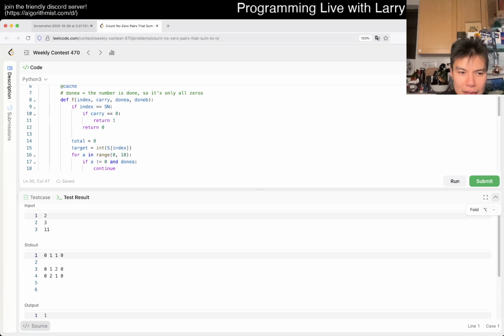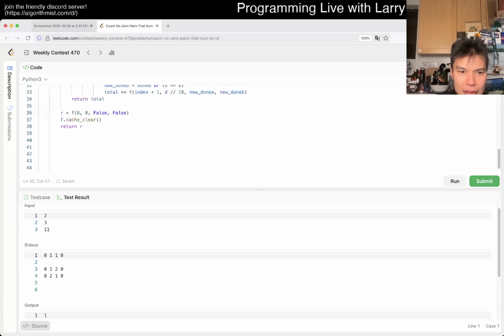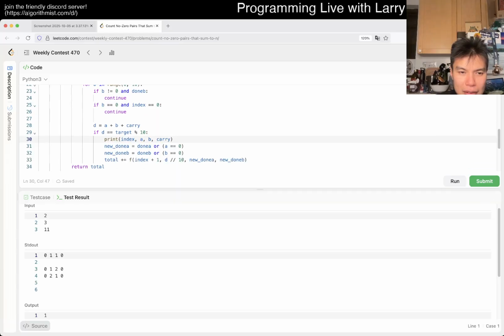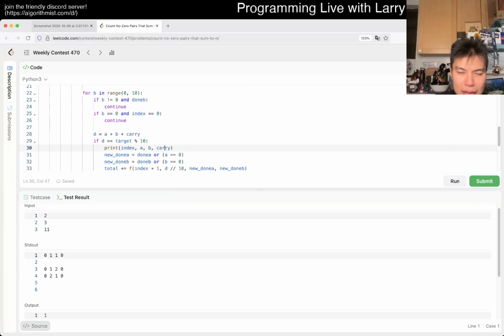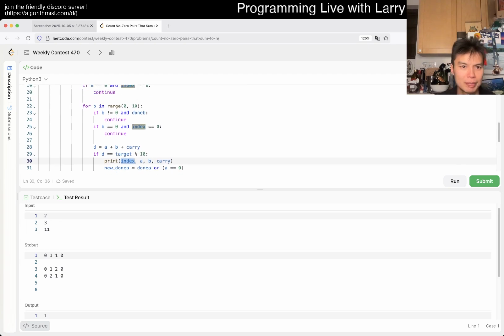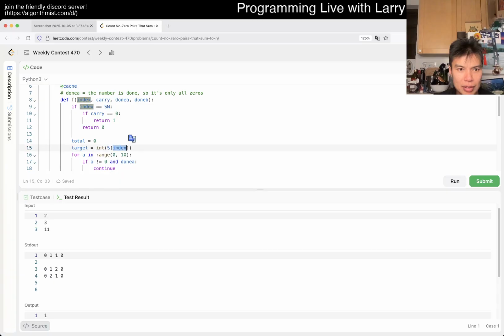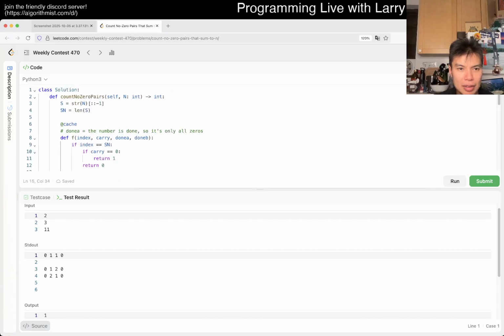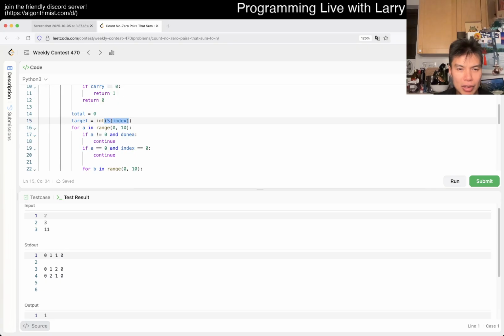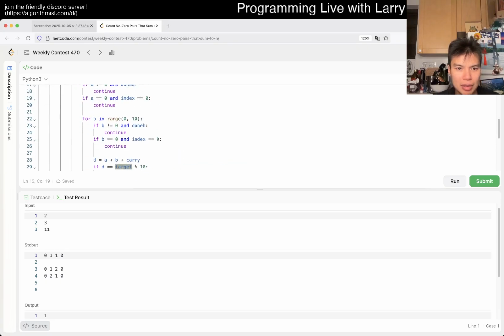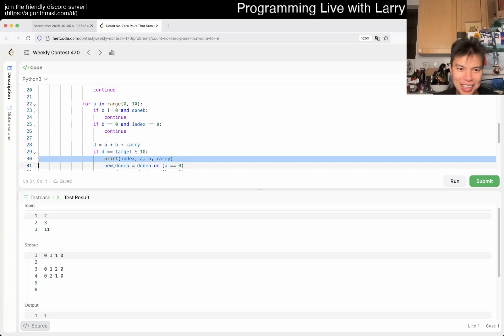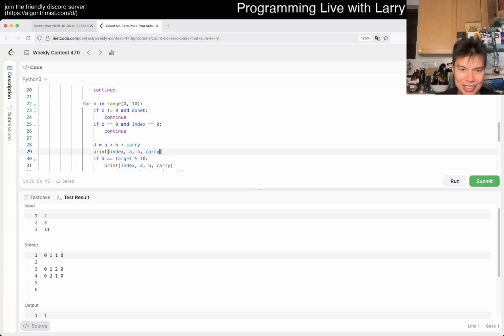Why is that? Yeah, this should be, okay. If index is equal to 1, target is going to be 1, right? All right, I'm just trying to avoid doing this, but I guess it is what it is.